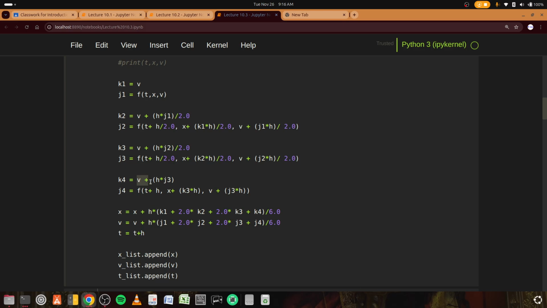They will change like this. Yeah, right. This t will, or the v will change like this to find k1, k2, k3, k4, and the next variables like x or v, they will change like this. This x will change like this using k1 values, and this v will update its values using the j values, right?